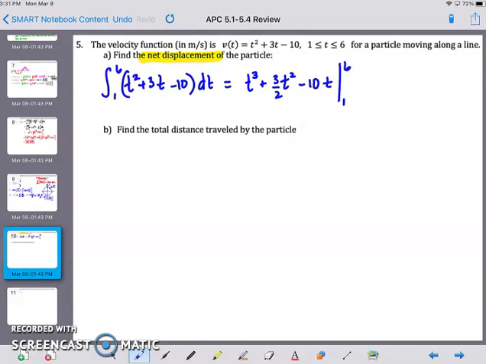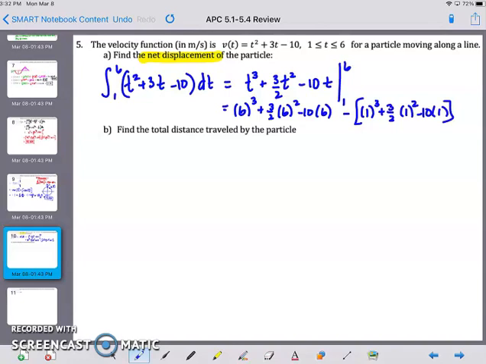So then I'm going to plug in 6 and I'm going to plug in 1. So then I get 6 cubed plus 3/2 times 6 squared minus 10 times 6, minus, and then I'm going to plug in 1 cubed plus 3/2 times 1 squared minus 10 times 1.